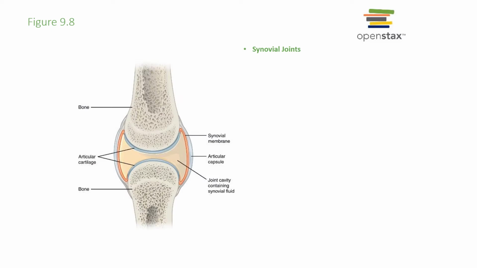Synovial joints allow for smooth movements between the adjacent bones. The joint is surrounded by an articular capsule that defines a joint cavity filled with synovial fluid. The articulating surfaces of the bones are covered by a thin layer of articular cartilage, and ligaments support the joint by holding the bones together and resisting excess or abnormal joint motion.